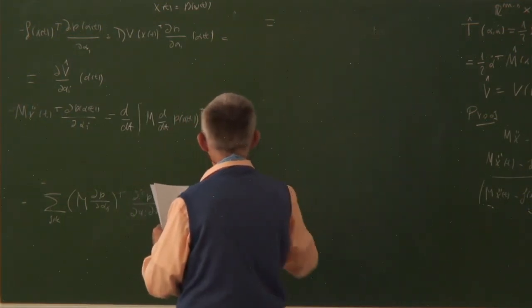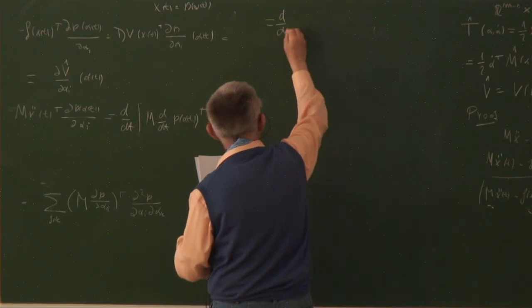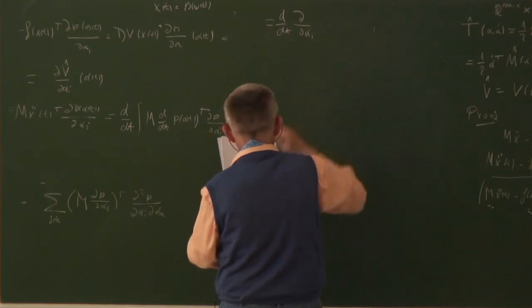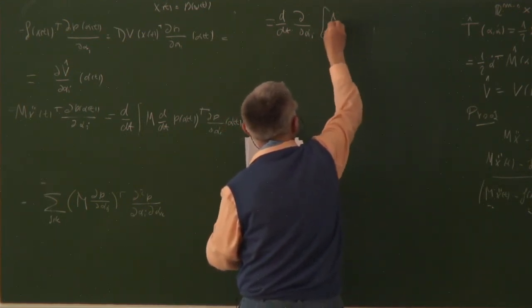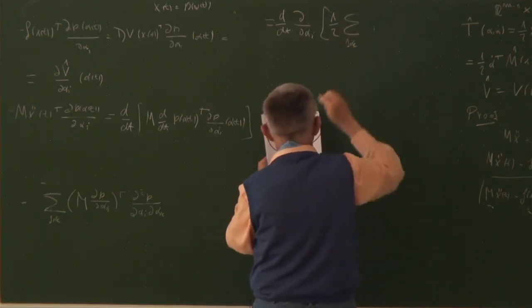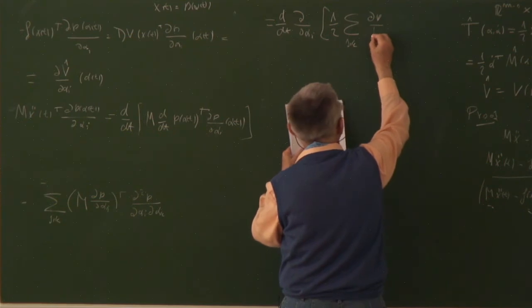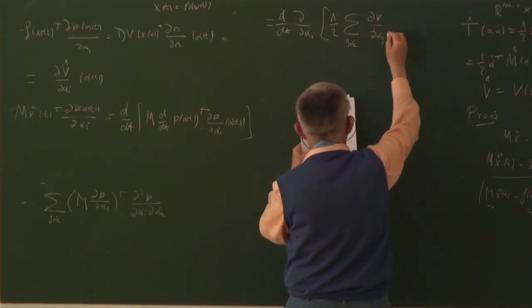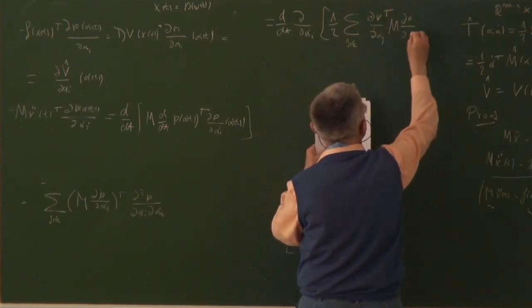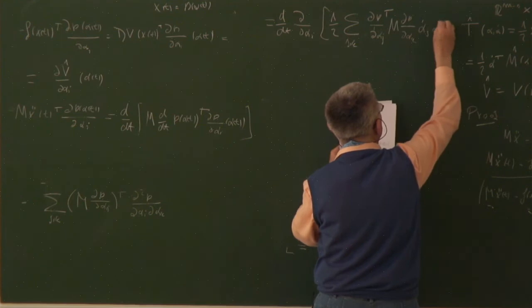This can be recognized as d over dt, d over d alpha I of 1/2 sum over j and k dp over d alpha j m dp over d alpha k, alpha j dot alpha k dot.